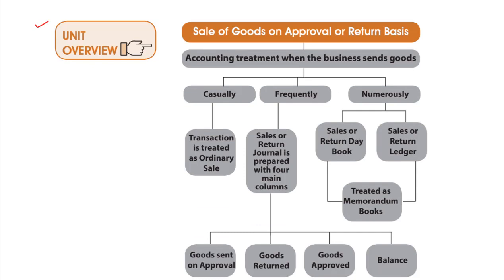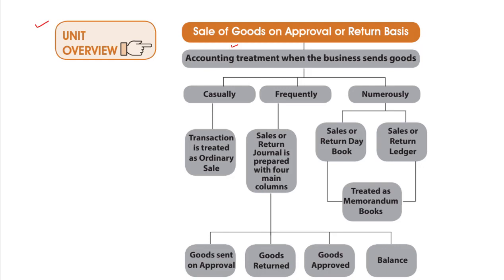Overview of the unit. Sales of goods on approval or return basis. Accounting treatment when the business sends goods casually, frequently, or numerously. Many times it happens that some organizations depend upon such kinds of transactions.